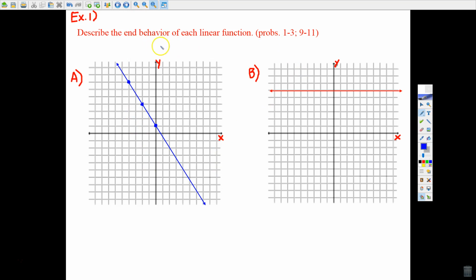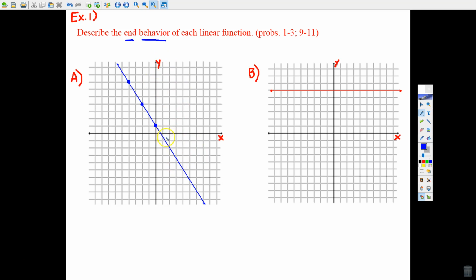So I just have a few examples here. Some of your problems are going to be graphs of linear functions like these, and it's our job to describe the end behavior. Typically lines go forever and ever in both directions. Here's how we'll state the end behavior of this particular linear function.